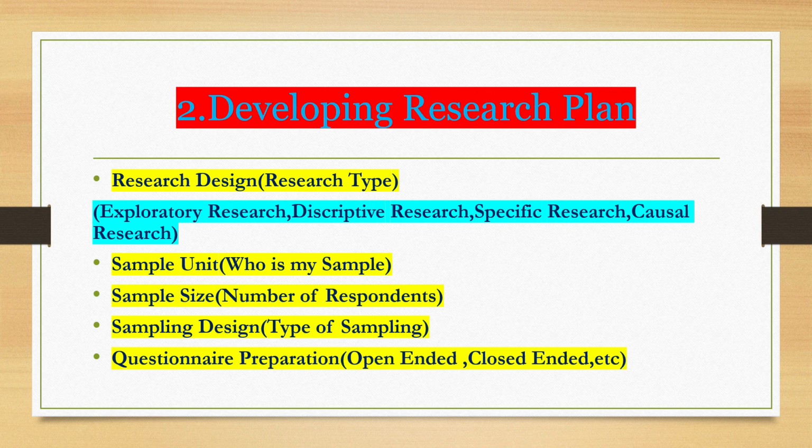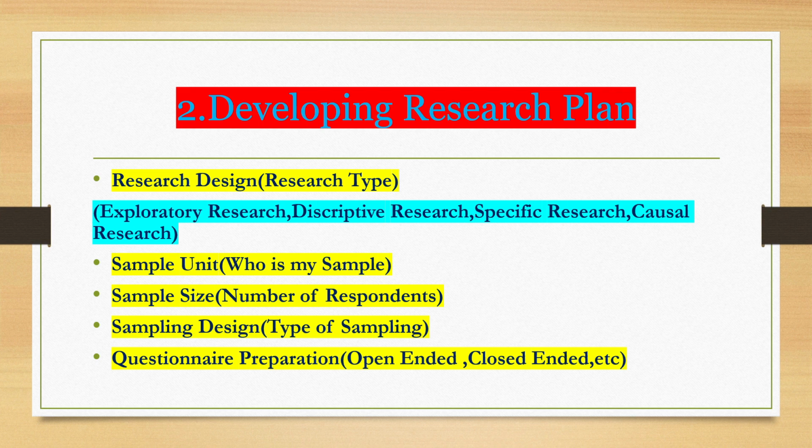By research design, I mean to say that we find out or develop what type of research we are going to undertake. There are basically 4 types of research. They are exploratory research, descriptive research, specific research and causal research.